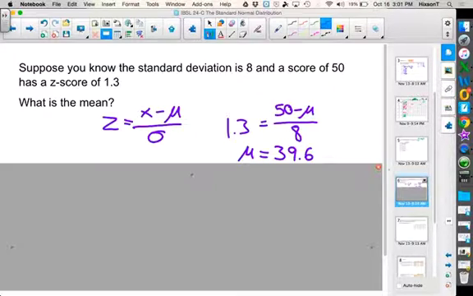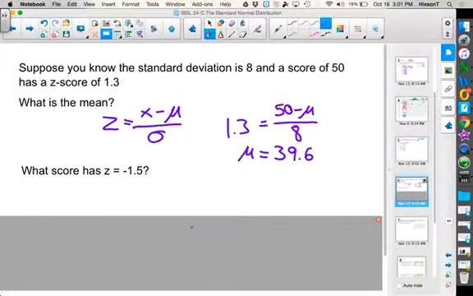Once we know that, then we're able to figure out some other things. What score has a z of negative 1.5? Okay, now that we know the mean, we know the standard deviation. Let's think about this. If we want to be 1.5 standard deviations below the mean, that score is just going to be the mean minus 1.5 times the standard deviation.